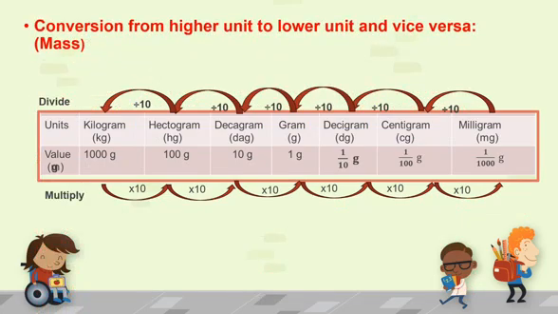Now let's see how conversion from higher unit to lower unit is done and vice versa, that is, lower unit to higher unit. How can we convert higher unit to lower unit and lower unit to higher unit of mass? Now here, this chart that you are seeing is the table that we have learned.